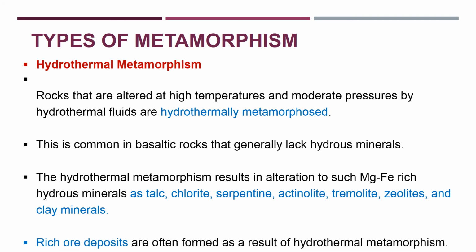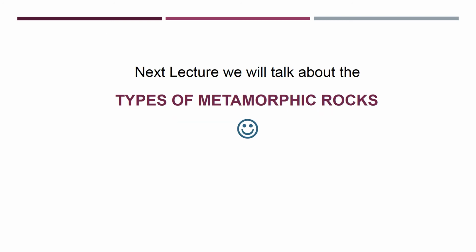We have to keep in mind that ore deposits are often formed as a result of hydrothermal metamorphism. We will also learn about the types of metamorphic rocks regarding their mineral composition or their shapes, like foliated rocks or non-foliated rocks.